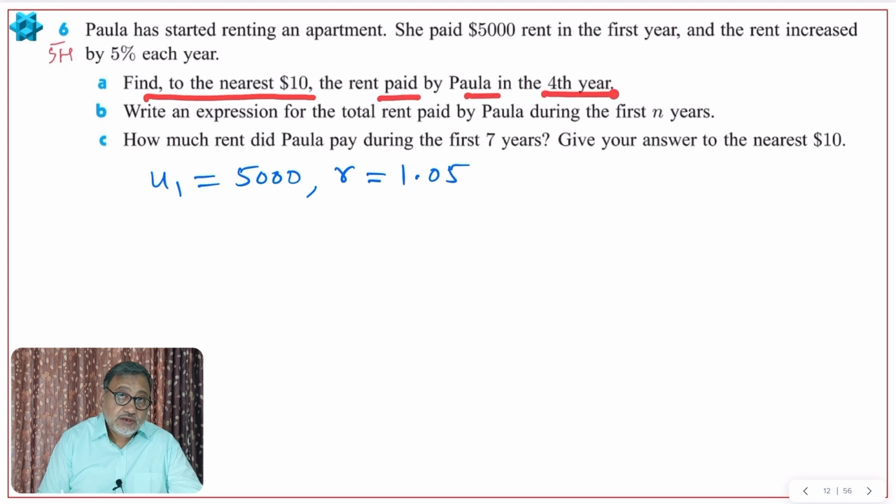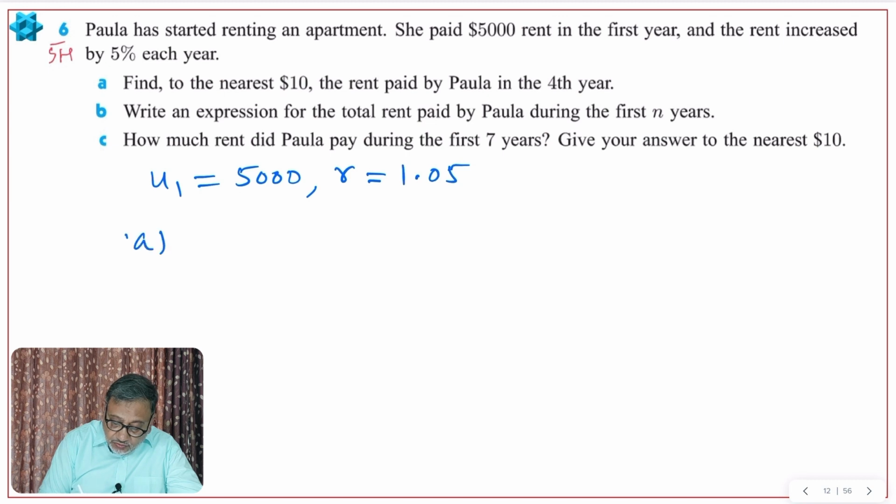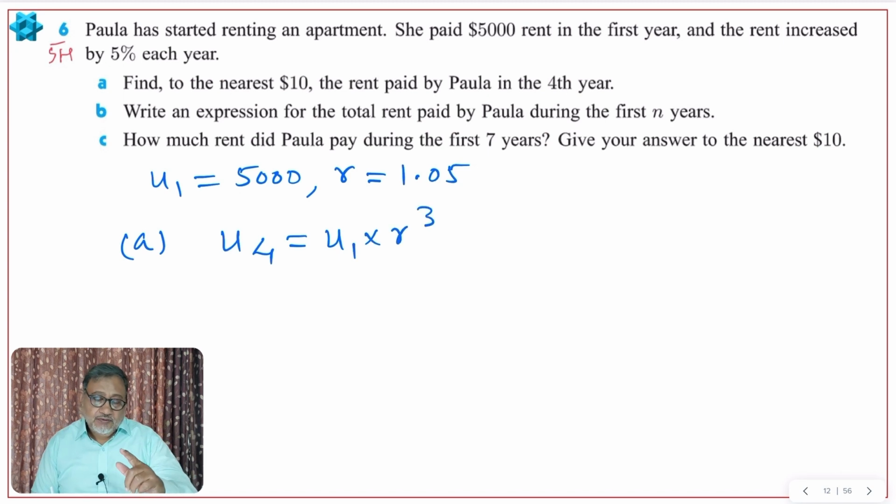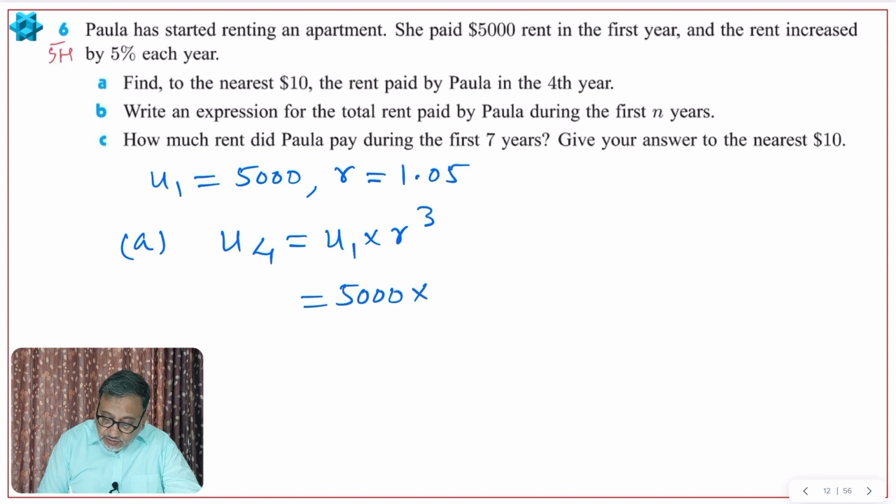Only in the fourth year, not all the 4 years. Okay. So U4 actually we have to find. So U4 will be U1 into R raised to 3. You know about it. R will have 1 power less than the term number. U1 is 5,000. R is 1.05 to the power 3. Okay.